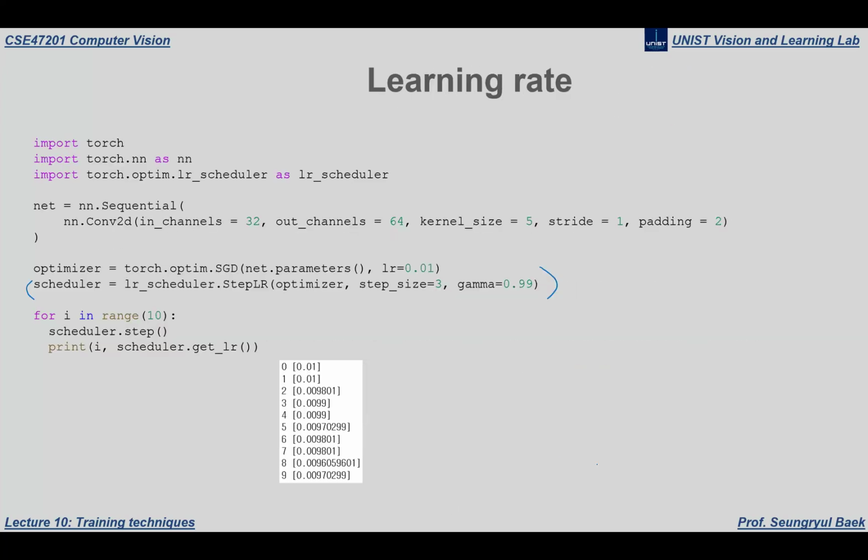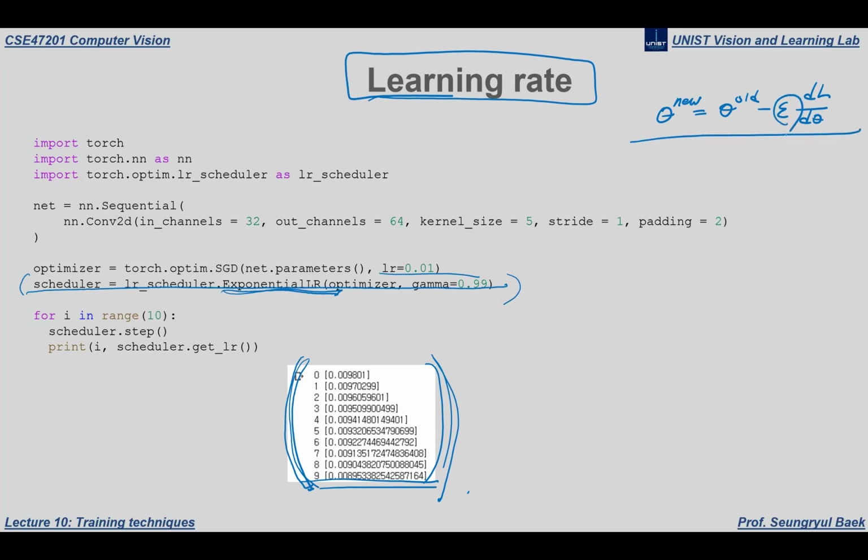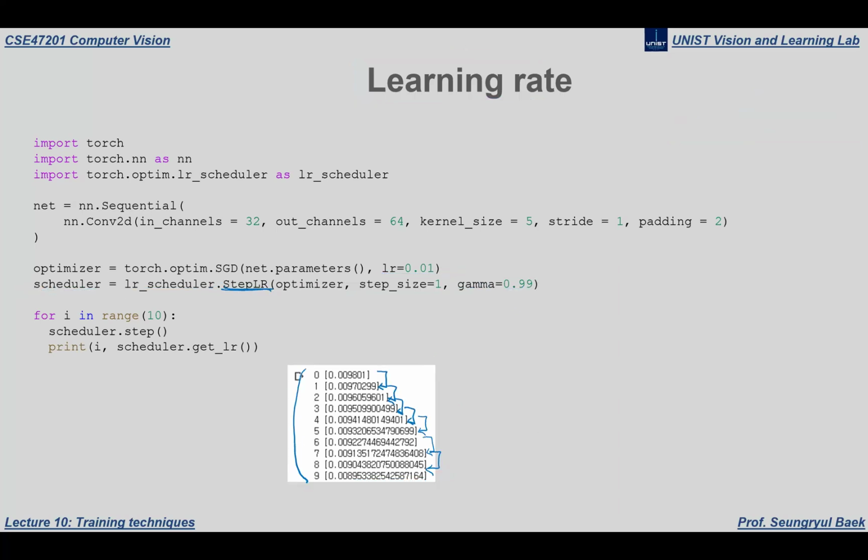And this is, how to say, a naive way to adjust the learning rate. Even with the gradient descent algorithm in this very naive form, you can schedule the learning rate using the exponential scheduler or a step learning rate scheduler.